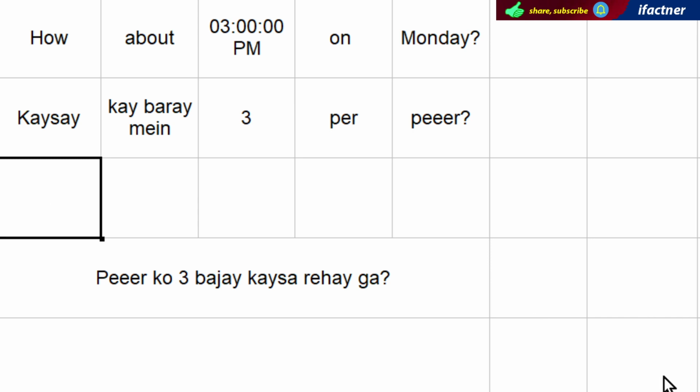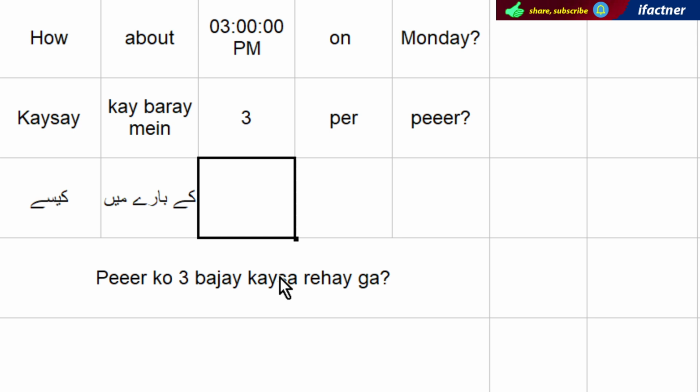So कैसे is काफ ये सीन बड़ी ये कैसे. के बारे में काफ बड़ी ये के and बे अलिफ रे बड़ी ये. में is मीम ये नूना. 3 is 3, or let's write it down, which is te ye and noon 3. Par, pe re par. Peer is pe zer ye and re.